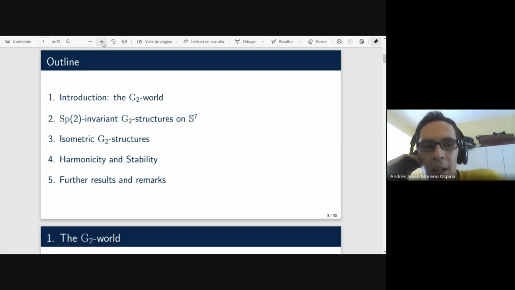Then we define what isometric G2 structures are, and finally we study the concept of harmonicity and stability for these G2 structures. The last part is just some remarks and future questions on this topic.